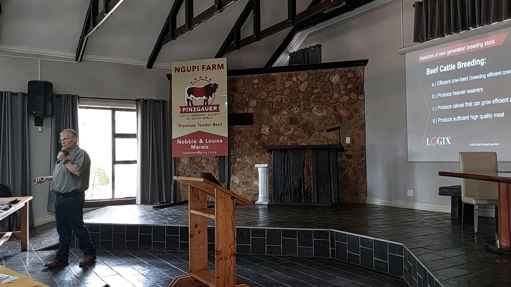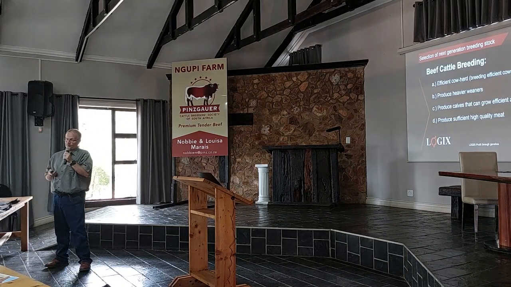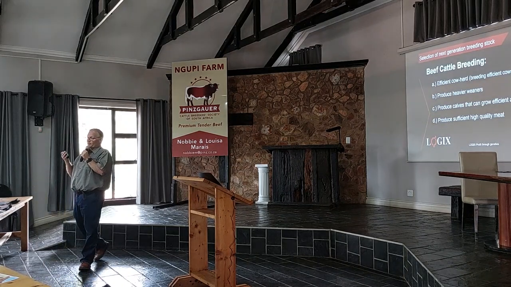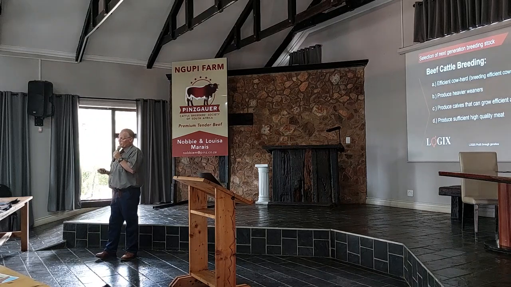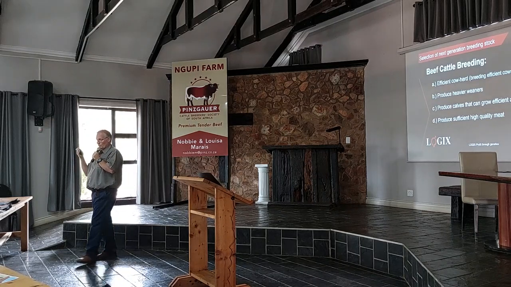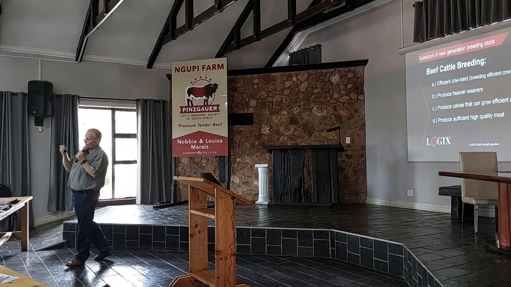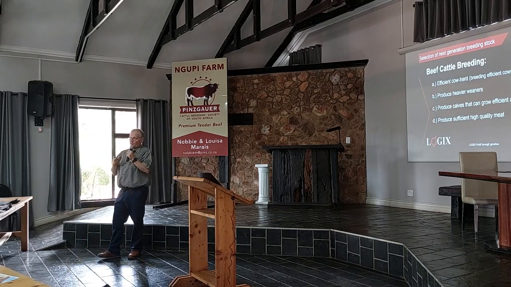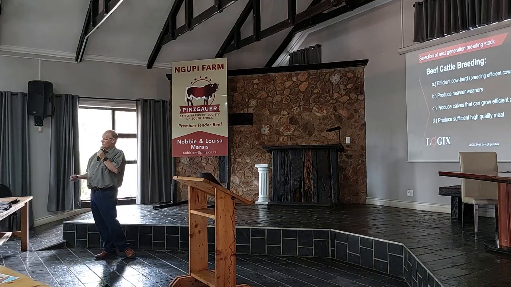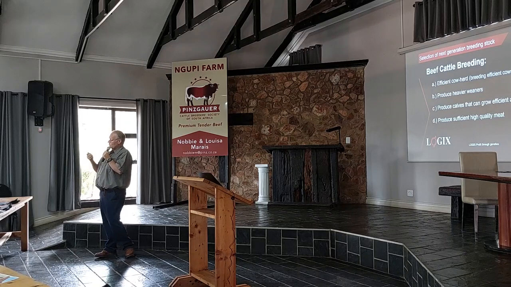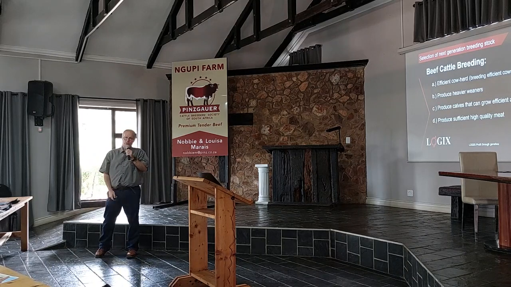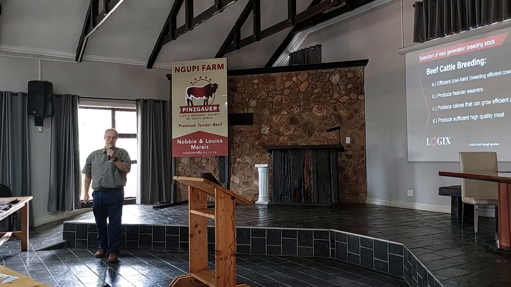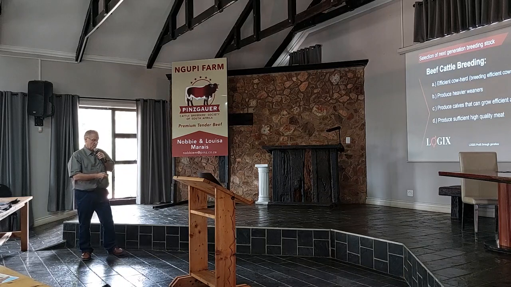Why is that important? Because in South Africa, still the biggest majority of meat that we buy is coming through feedlots. And if your herd is not adapted to be fed in feedlots, then there is also some challenges sometimes.